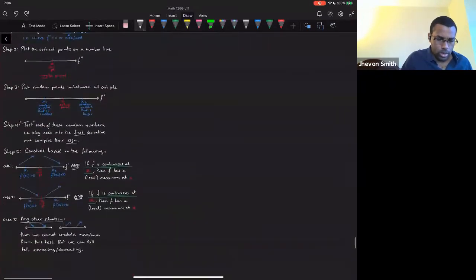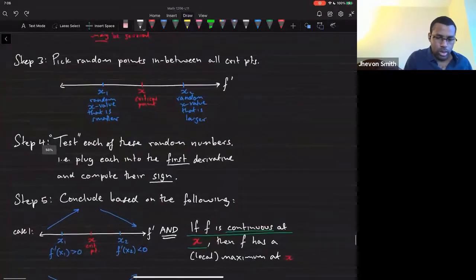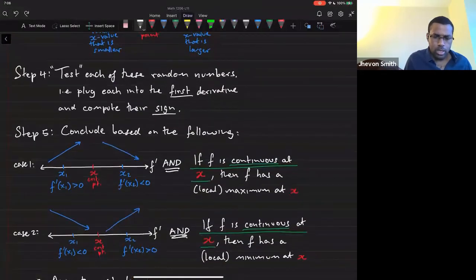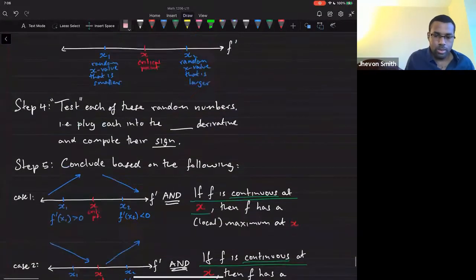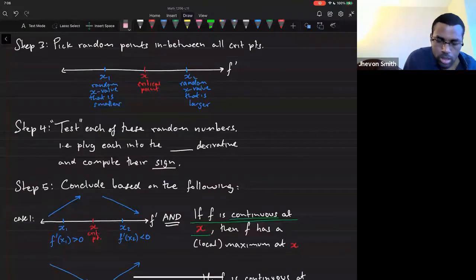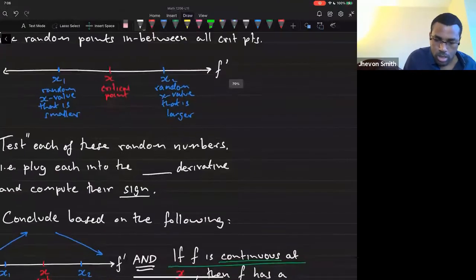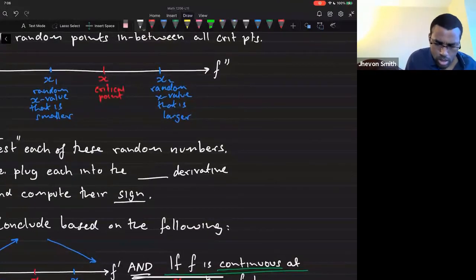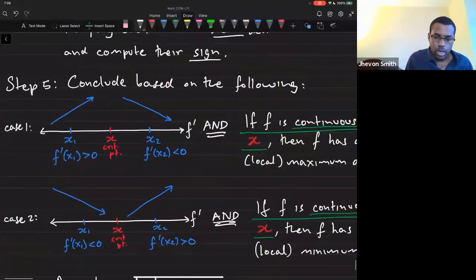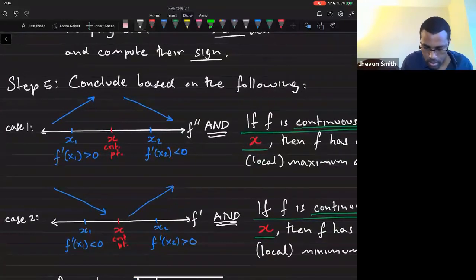Here, pick a random value in between, and test all the random values. Plug into the second derivative and compute the sign based on the following.